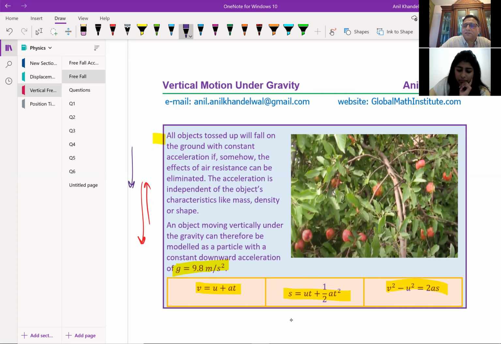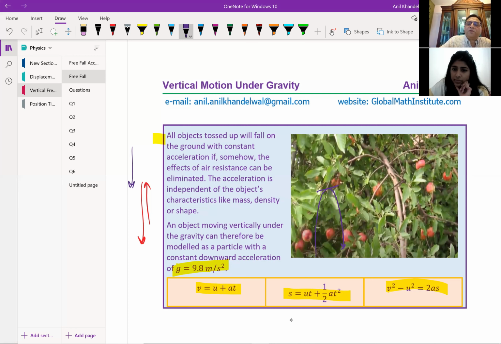In many examples, you may have a case of throwing a stone to bring down these apples, for example, right? This is a picture from our garden, actually. We had a huge tree and a lot of apples on it. As you can see, so many of them here in this picture itself, right? You kind of throw the stone and it comes down, correct? If you want to find the maximum height a stone reaches, in that case, G will be negative because you're interested in the path of the stone going upwards, opposite sign.